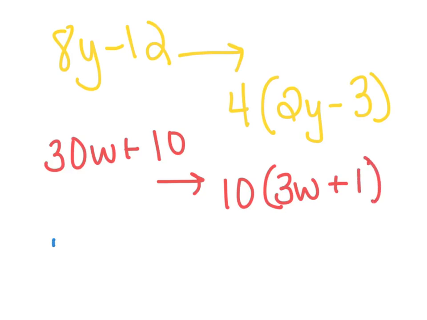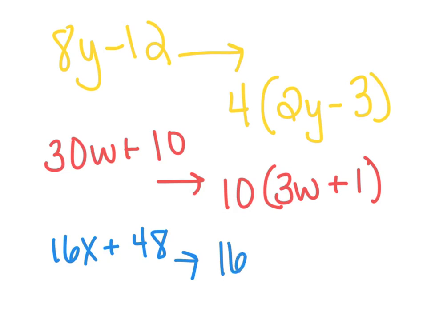And the last one, we have 16x plus 48. Greatest common factor is, let's see, I hope you got 16. 16 multiplied by x, or 1x, plus 3.